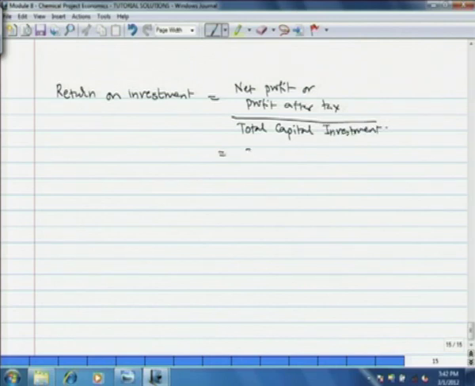And then we substitute values, 3.25 crore divided by 10 crore, which is equal to 32.5%. So, that is return on investment.